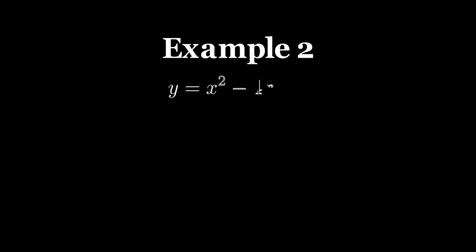Now let's take a look at something more typical. y equals x squared minus 4x plus 1. This is not in vertex form yet, but notice something important. The coefficient in front of x squared is 1. That means we can complete the square directly. We focus only on the x squared and x terms. To complete the square, we take half of -4, which is -2, and square it. That gives us 4.